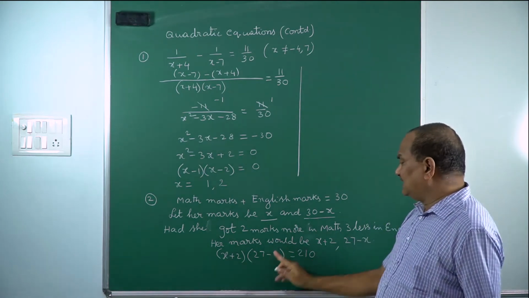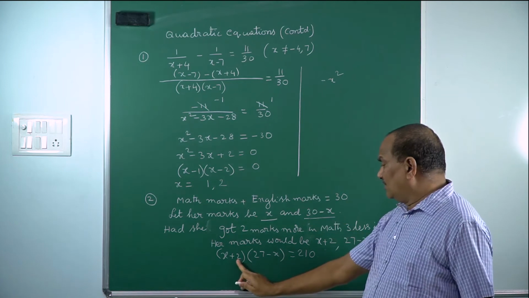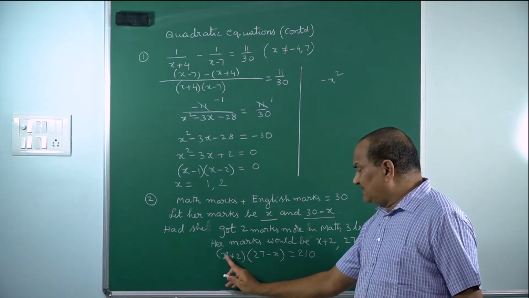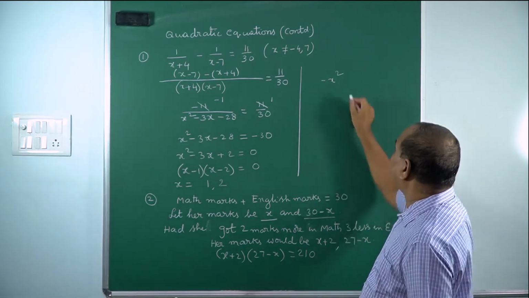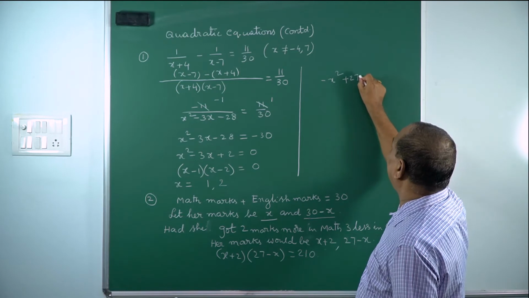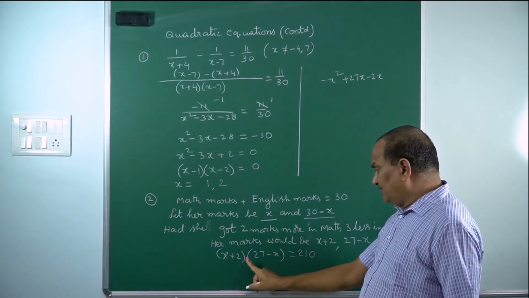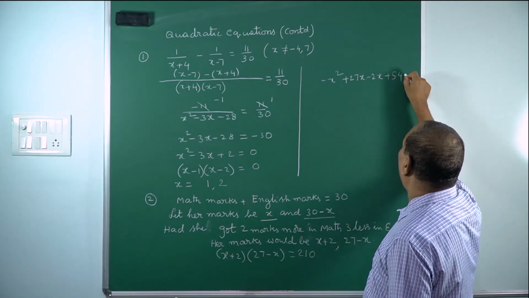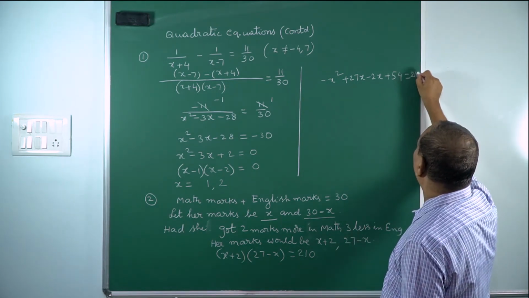X times 27 is 27X, X times minus X is minus X square, 2 times minus X is minus 2X, and 2 times 27 is 54, and this is equal to 210.